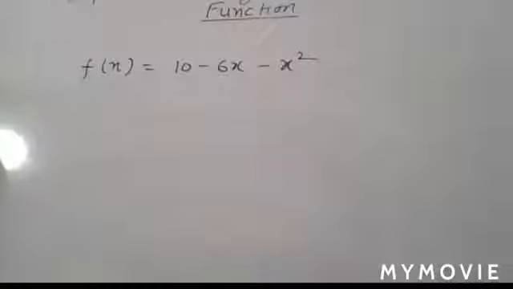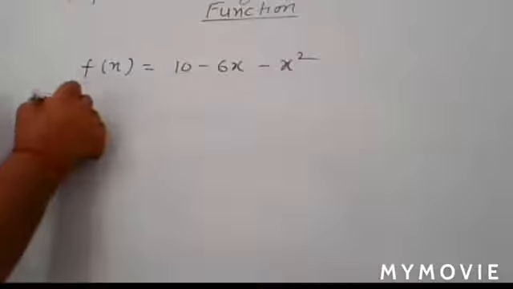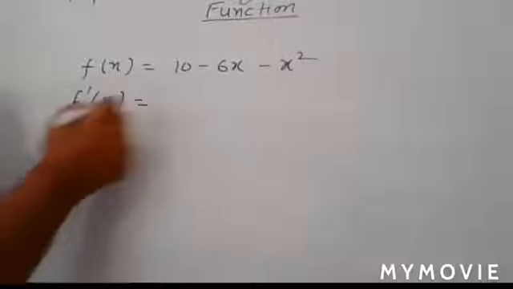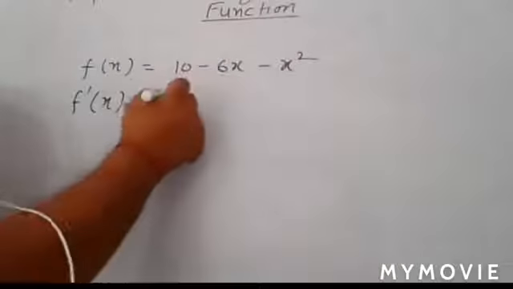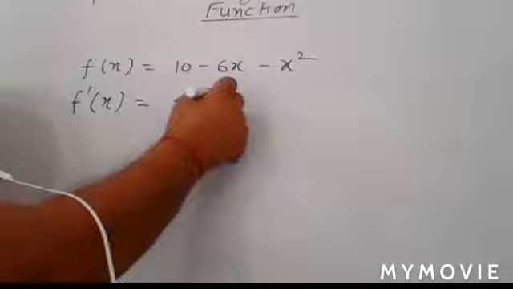Here you have a function and you have to find the interval in which the function is strictly increasing and decreasing. So first you have to differentiate it. So f dash x is minus 6 minus 2x.